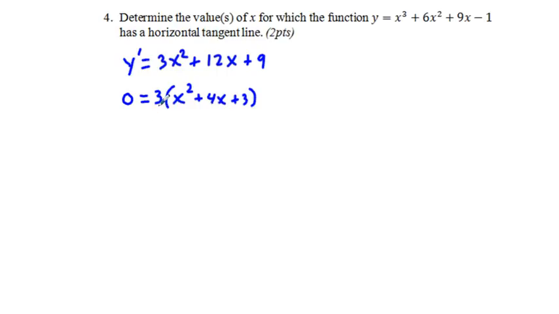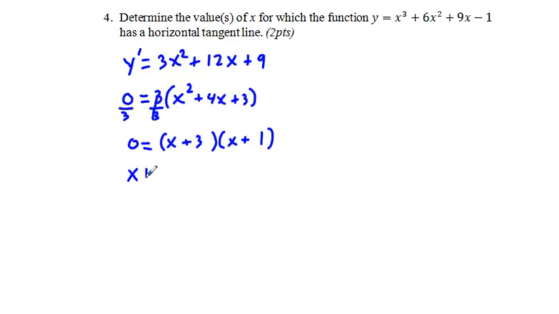And now, when we divide both sides of this equation by 3, we have 0 equals, now we're going to factor out the remainder of this. We're going to have x and x, and the factors of 3 are going to be 3 and 1, and if we multiply these back together, we have as our middle term 3x plus 1x, which equals 4x.